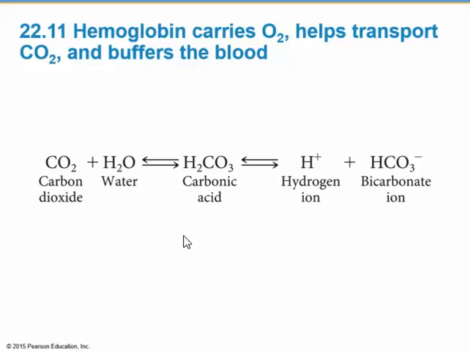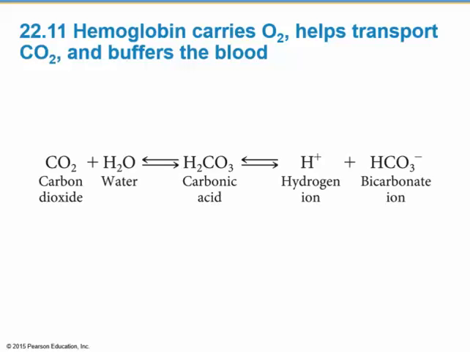Carbonic acid will dissociate to form hydrogen ion and bicarbonate ion. A buildup of hydrogen ion signals a drop in pH. Therefore, the amount of carbon dioxide you have in the blood will in turn determine the level of hydrogen ion. Bicarbonate can accept hydrogen ions, so bicarbonate can also act as a buffer too.